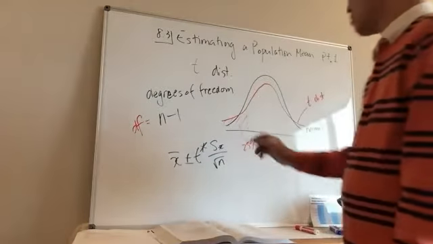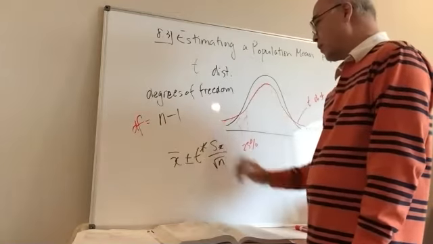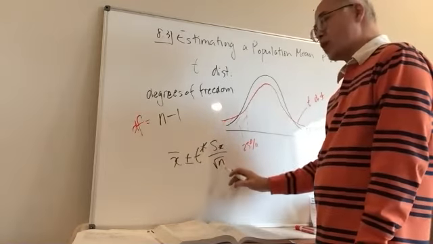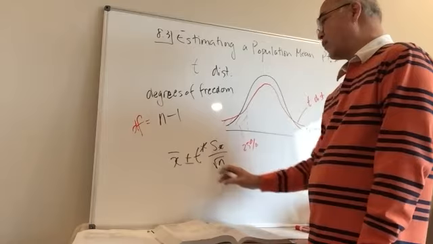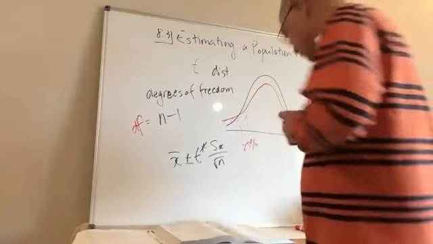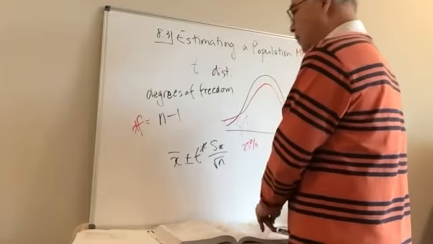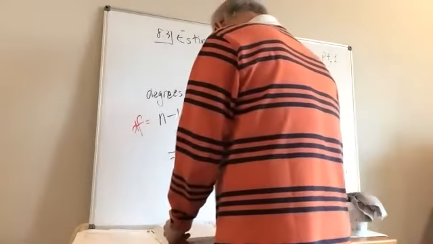The s being the standard deviation of the sample, divided by the square root of the sample size itself. So that's how you do a confidence interval for your population mean.